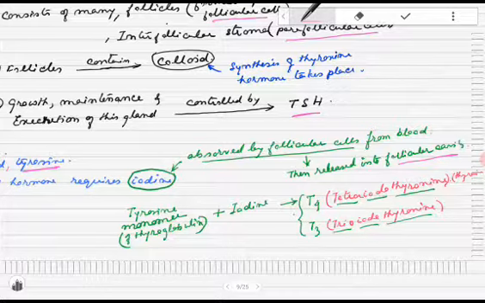Now, the tyrosine monomer of thyroglobulin combines with iodine and gives T4 and T3.